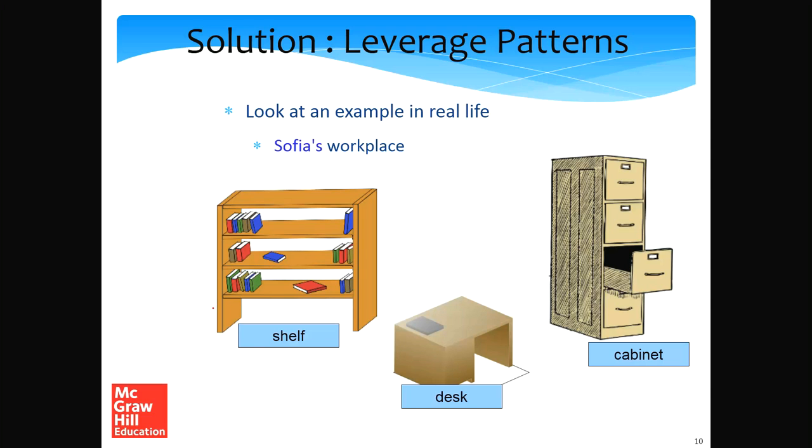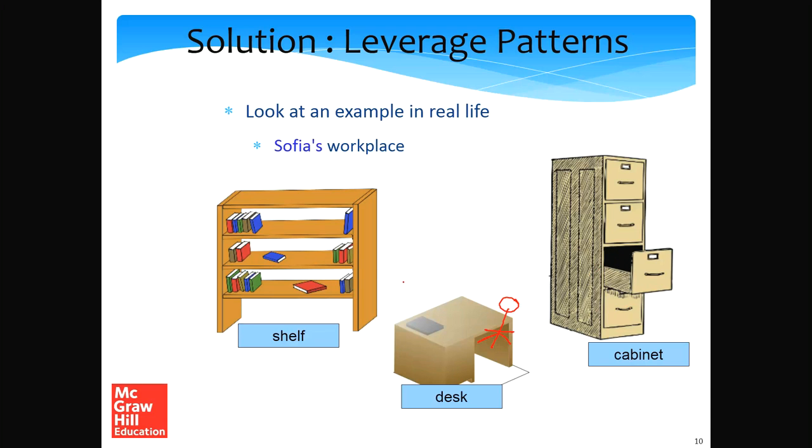Let us consider a student Sophia's workplace. Let's assume that Sophia is sitting on a desk. She has some books on the desk, and nearby she has a shelf which has some more books. And there is a huge cabinet that is far away.